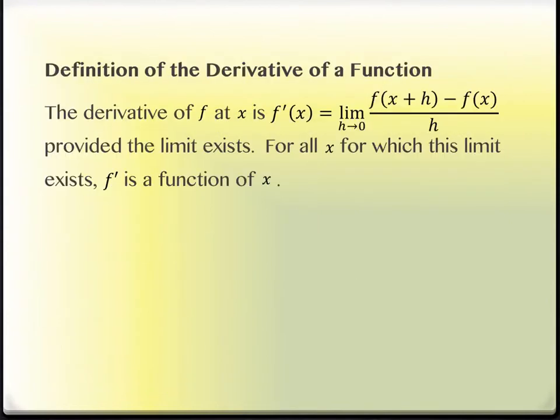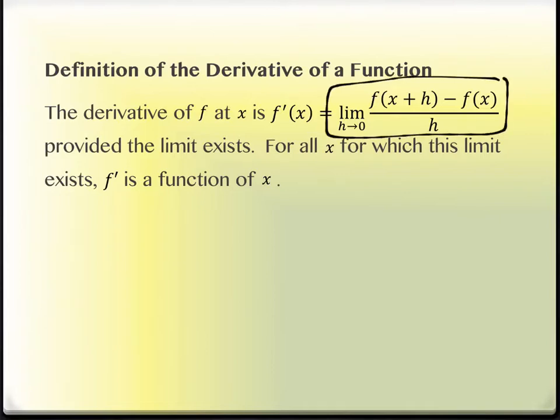Okay, so we've got a couple more examples, but before we do that, we're going to formally describe the derivative, and you'll notice it looks a lot like what we already did. The definition of the derivative of a function: the derivative of f at x is called f prime of x. And it's equal to that same expression that we saw before.